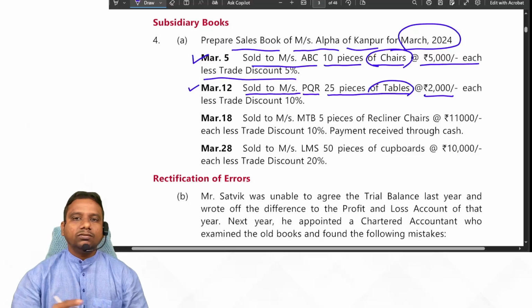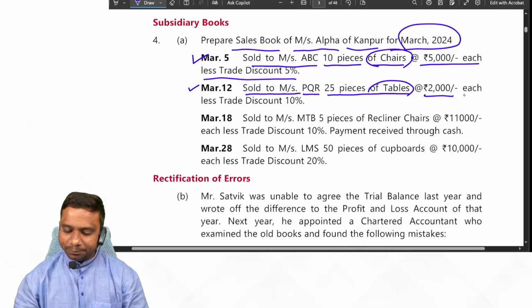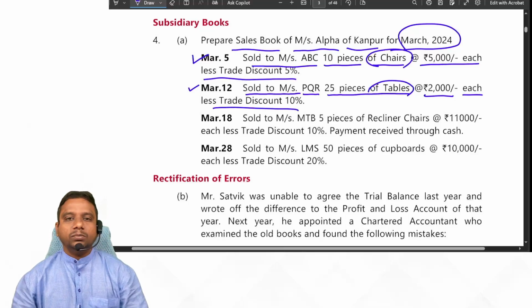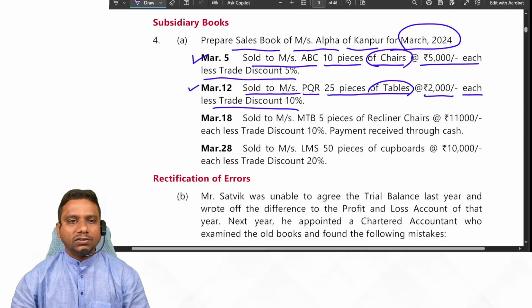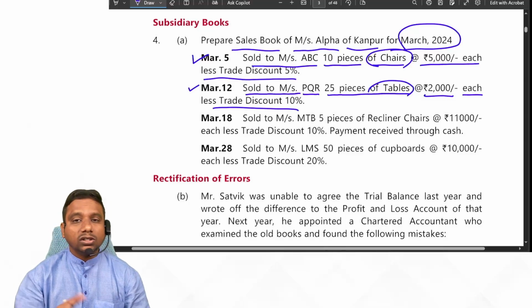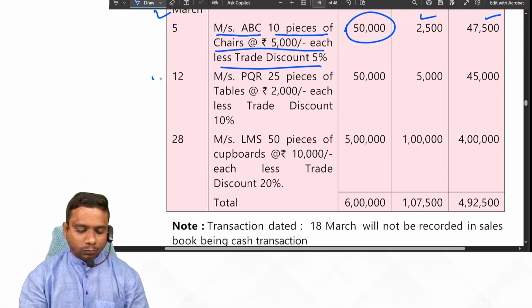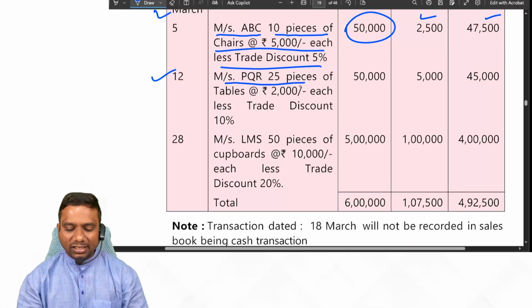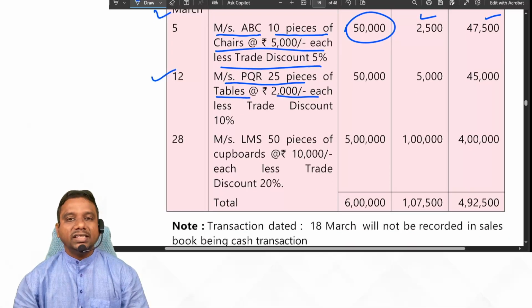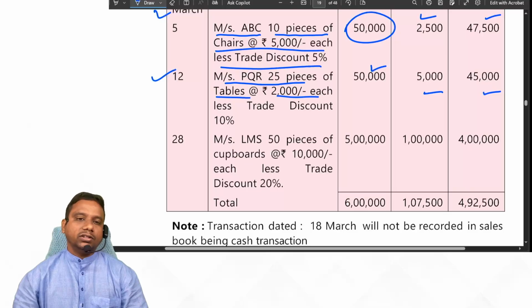Total amount 25 into 2,000, 50,000 rupees, less trade discount 10%. So 50,000 minus 10%, 5,000 rupees trade discount. Outer column 45,000. So carefully: March 12th, Messrs. PQR, 25 pieces of tables at 2,000 each. Total gross amount 50,000, discount 5,000, remaining amount 45,000.